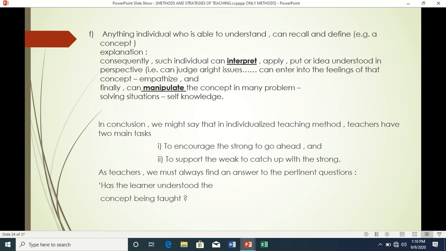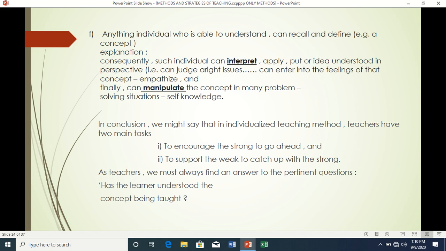That is, he can judge aright the issue. And therefore the same person can enter into the feelings of that concept. That individual is empathized. And then that individual can manipulate the concept in many ways to solve a problem, solving situations. And that is what I just said the other time, that he has come to self-knowledge.